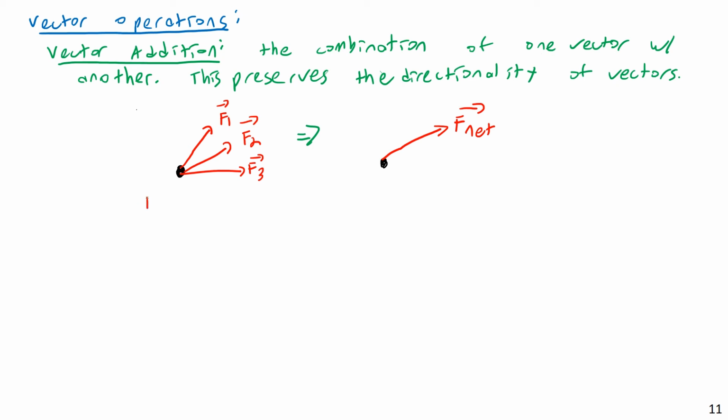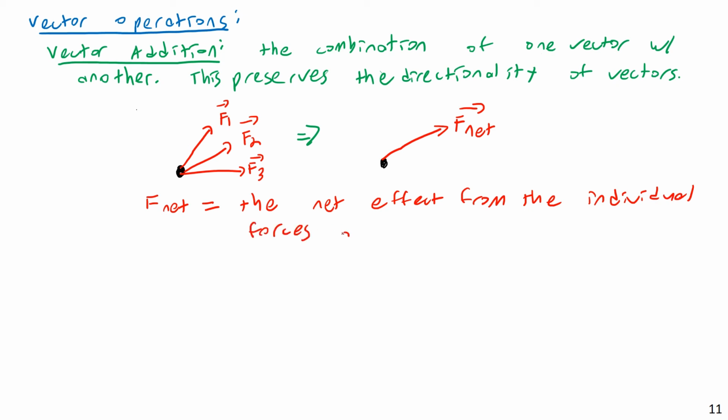So F net is the net effect on the object from all of the individual forces applied to it.